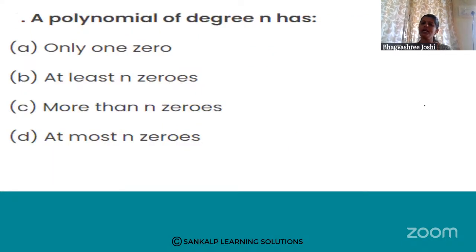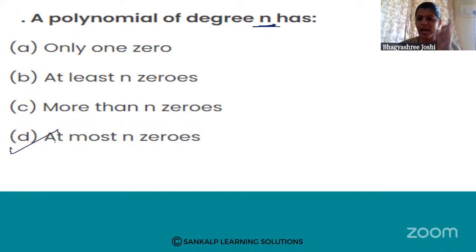A polynomial of degree n has only one zero, at least n zeros, more than n zeros, or at most n zeros. This I have told you. How many zeros does it have? At least one zero, or more than n zeros, or at most n zeros. So a polynomial of degree n has at most n zeros. Option D is right, at most n zeros.